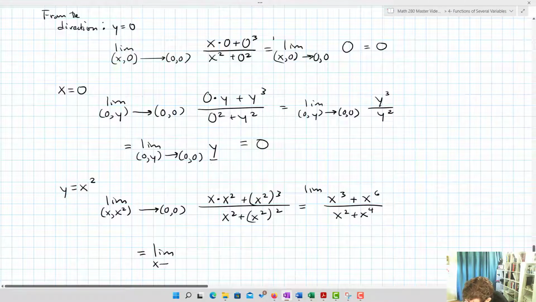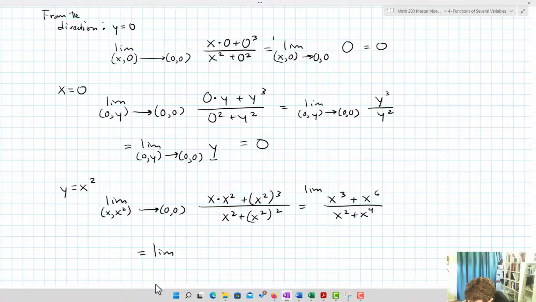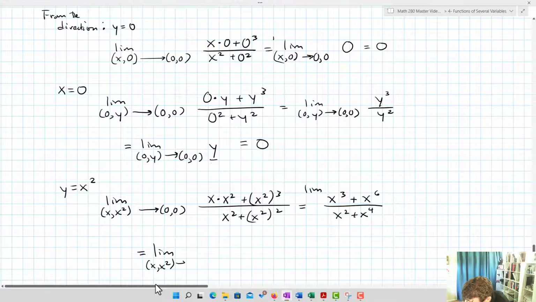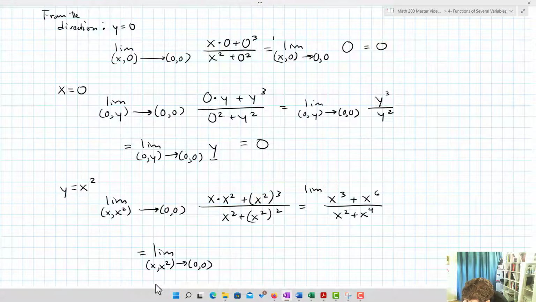So this is going to be the limit as (x, x squared) approaches (0, 0), and we'll pull out x squared, so that's going to end up being x plus x to the fourth over 1 plus x squared. If we pull out an x squared out of that, that turns into a 1, that's a 2 and that's a 4, and that's a 1.